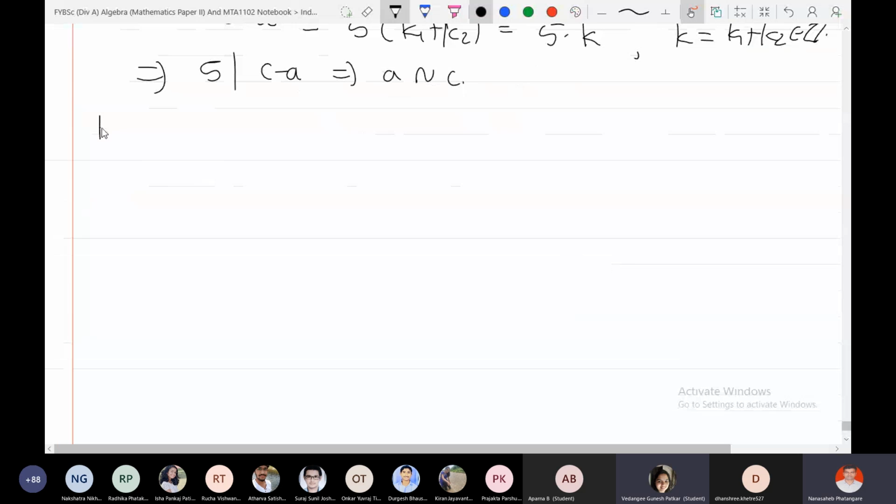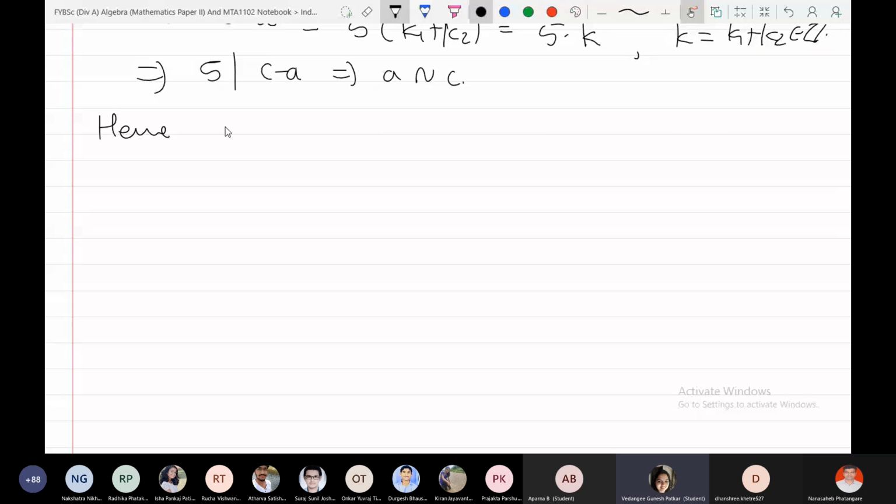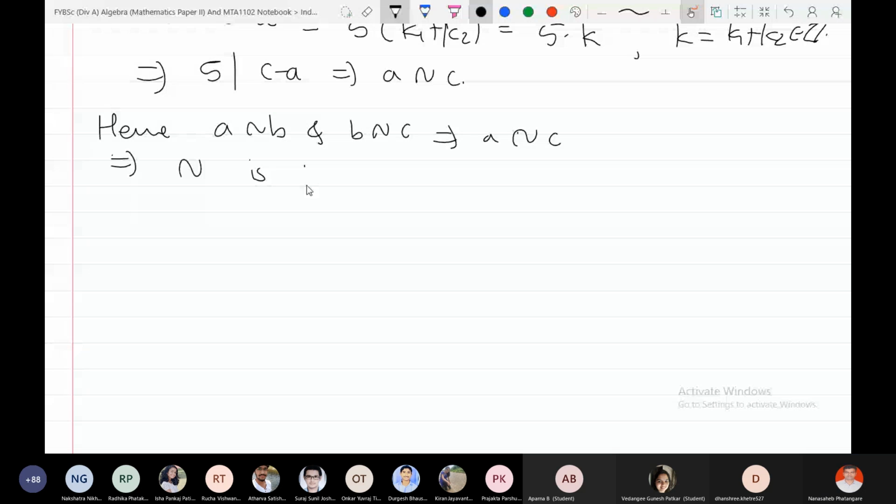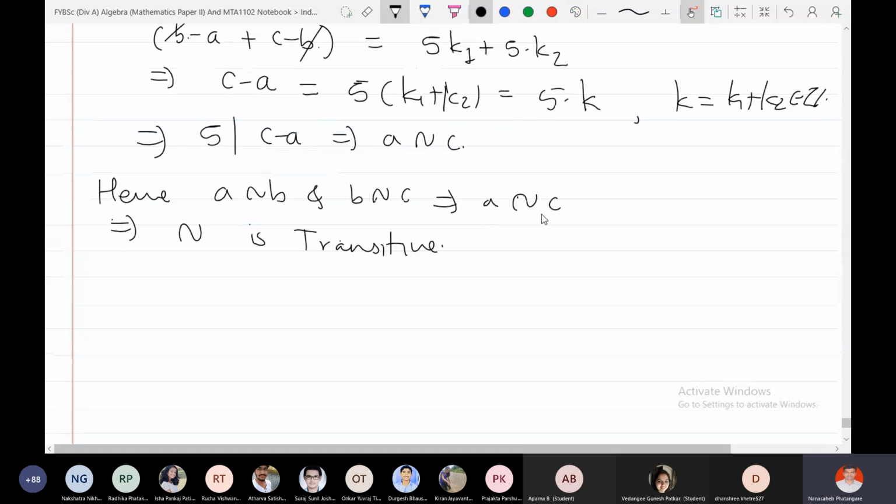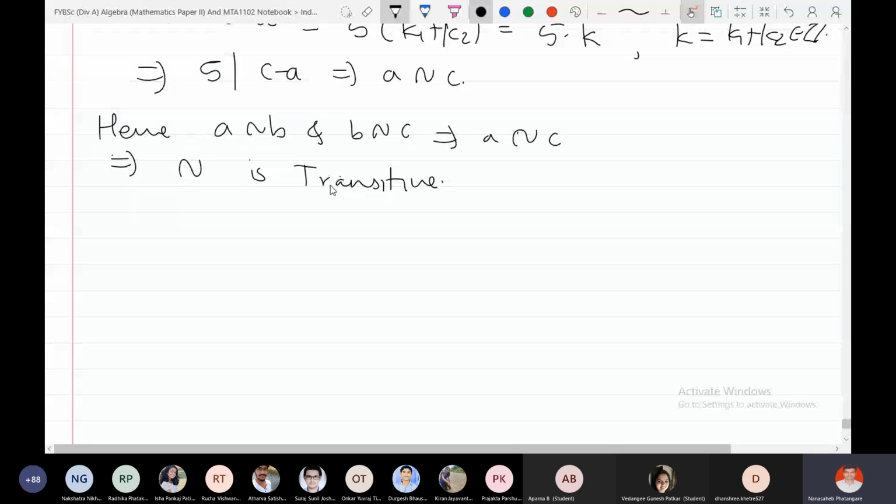Hence, a is related to b and b is related to c imply that a is related to c. Therefore, the relation is transitive.